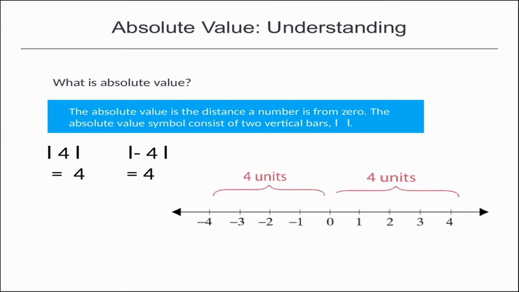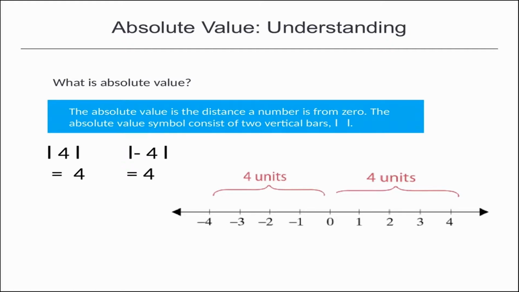And as we can see, 4 is 4 units from 0. The absolute value of -4 is just saying how far is -4 from 0. And as we can see, -4 is also 4 units away from 0. So, what is the absolute value? It is the distance a number is from 0.